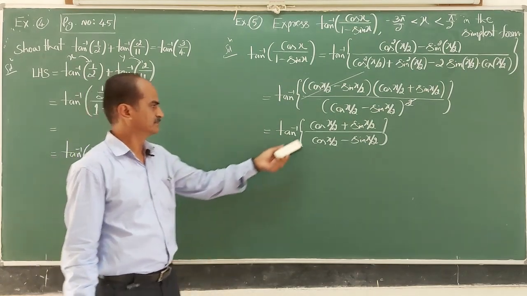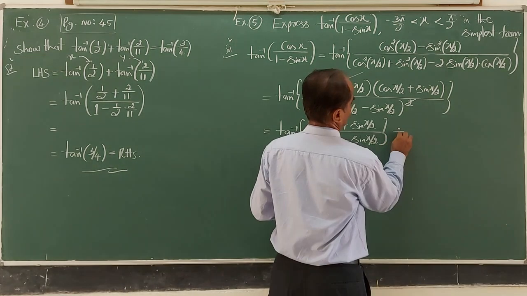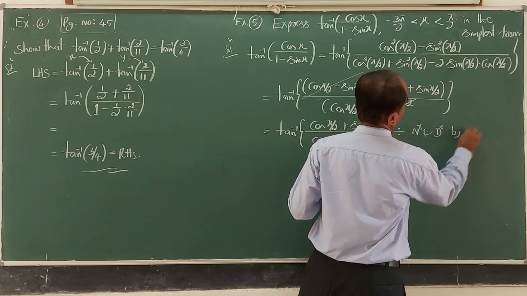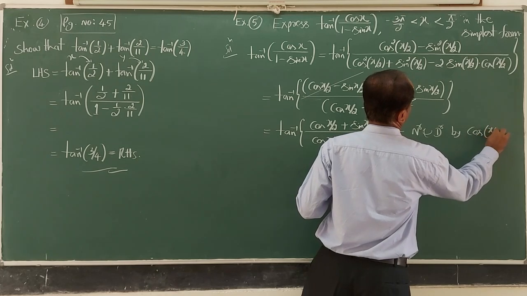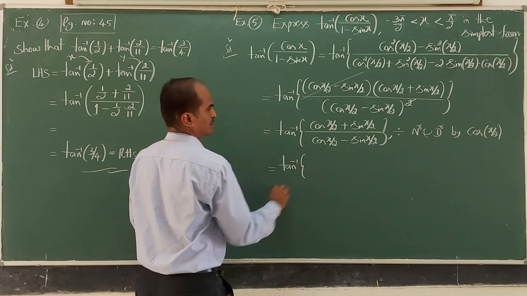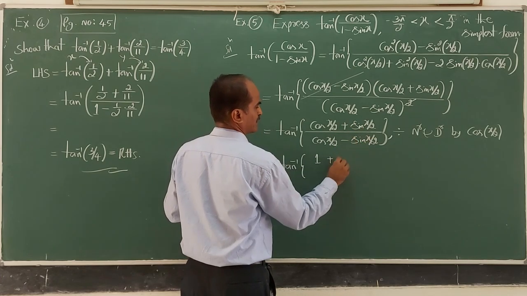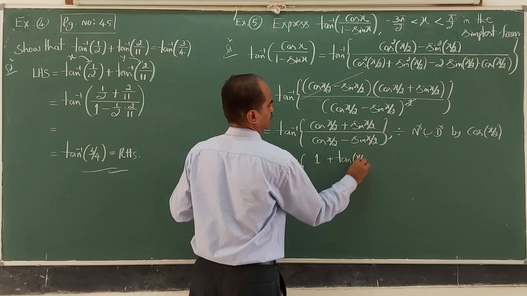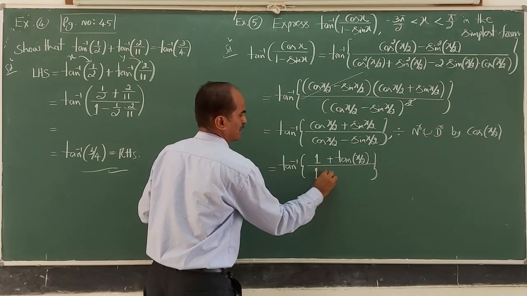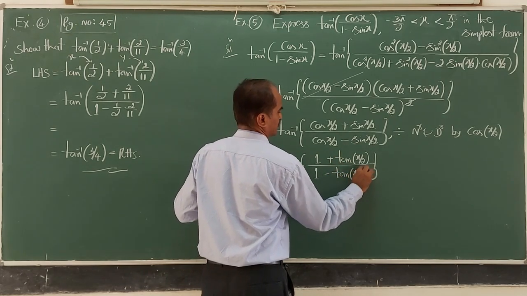Now I divide both numerator and denominator by cos x by 2. Dividing numerator and denominator by cos of x by 2, it is a tan inverse of cos x by 2 by cos x by 2 into 1 plus sin x by 2 by cos x by 2, that is tan x by 2, divided by cos x by 2 by cos x by 2 into 1 minus sin x by 2 by cos x by 2, it is tan x by 2.